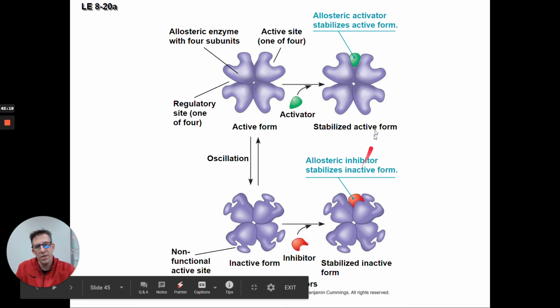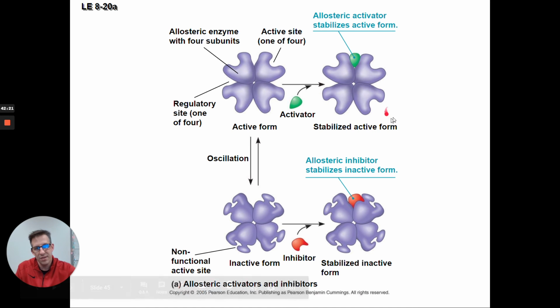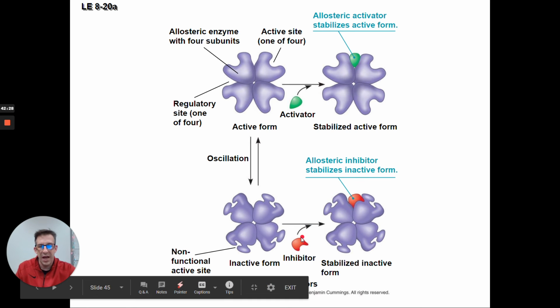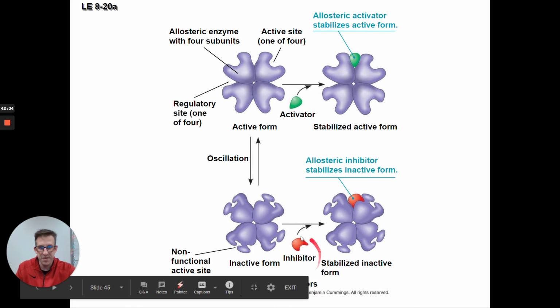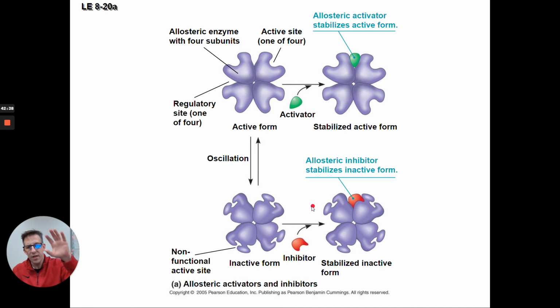Whereas we can also use inhibitors. If we don't need the chemical product that is the result of this enzyme's activation, then we can lodge this enzyme into its inactive form using this inhibitor molecule. And the inhibitor molecule is going to see this oscillating molecule and stick it in its inactive form, which is like closed, okay?